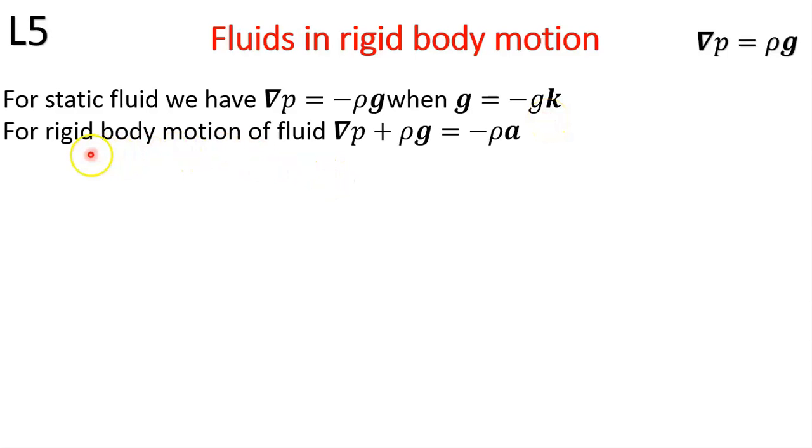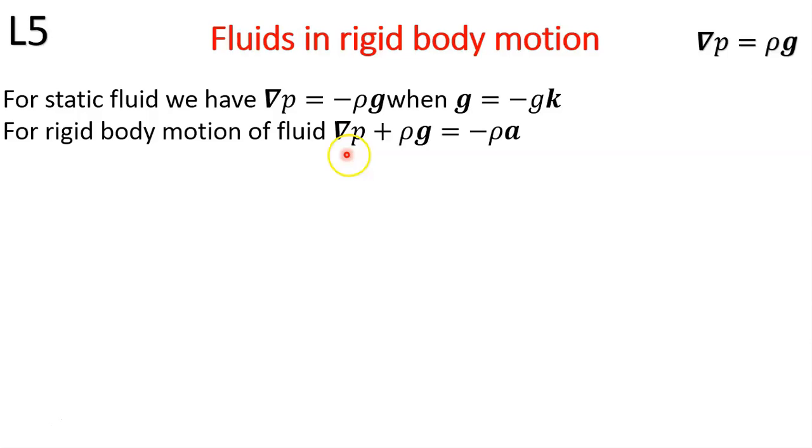Now when rigid body motion is considered for the fluid, we have fluid filled into a container, and that container is accelerated in some direction, which can be represented by A bar, the external acceleration for rigid body motion.